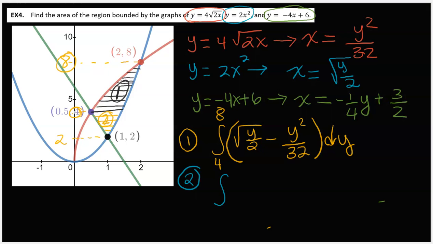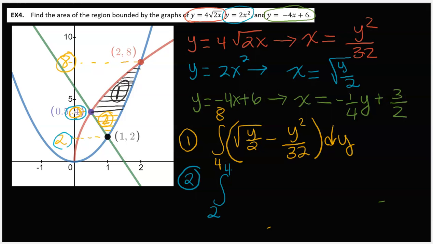The area of region 2 will be the integral from 2 to 4. Since we have the horizontal strip, the base is dy, and the height of our rectangles is the difference between the green and the blue. So I'm going to take blue minus green.